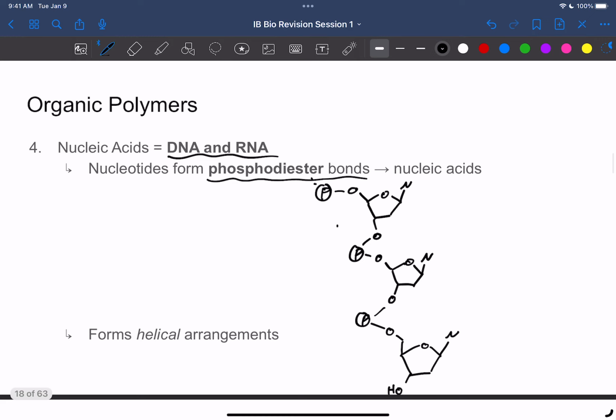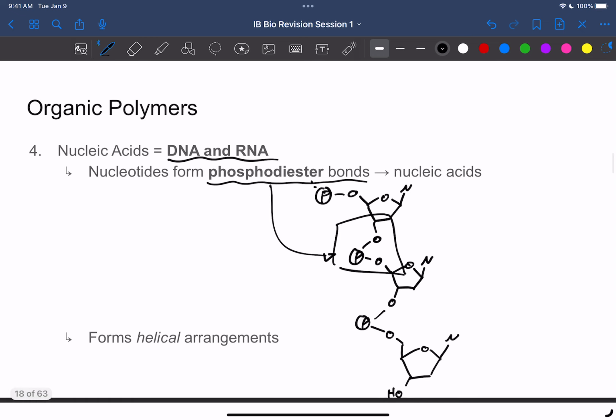These bonds here are called phosphodiester bonds. When the phosphate on the 5' group of one is linked to the 3' OH of another nucleotide, that's going to be a phosphodiester. There's a phosphate, and then there's 2 ester bonds, and that's going to be a diester.